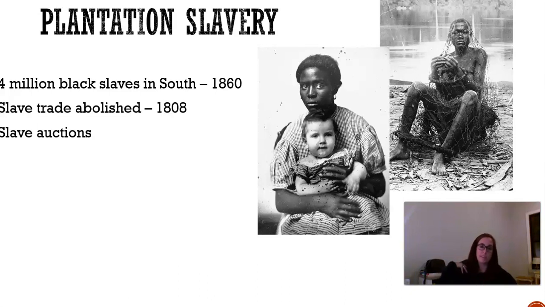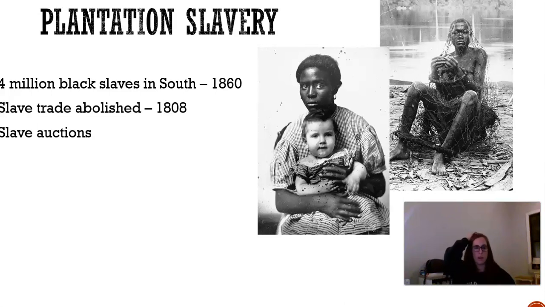They would check their back to see if there were already whippings on it, because that would demonstrate whether or not someone was a rebellious slave. It's pretty awful, terrible parts of human history here.